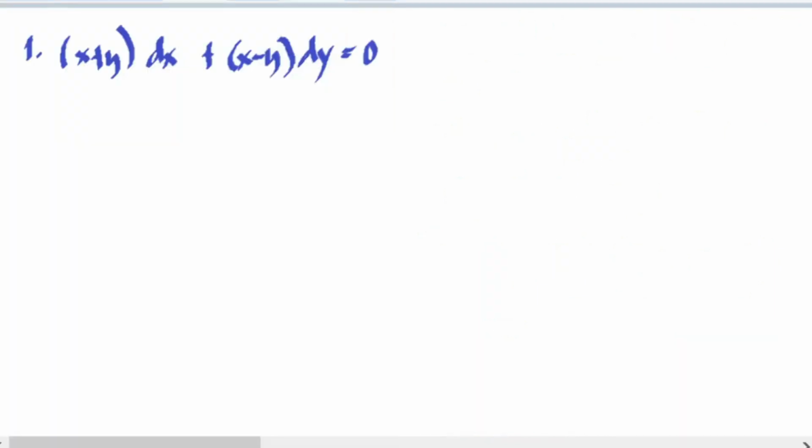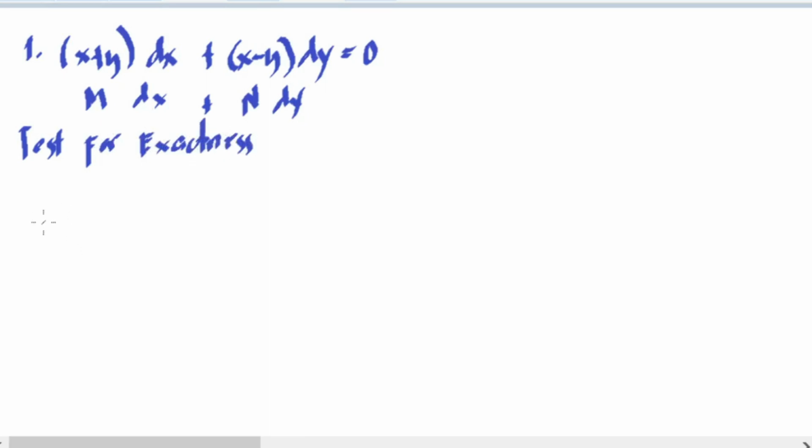Okay, as an example of an exact equation, let's take a look at this one. We have M dx, in the format of a differential equation, plus N dy. What we have to do first is test for exactness. The partial derivative of M with respect to y: if this is our M, its derivative with respect to y is 1.